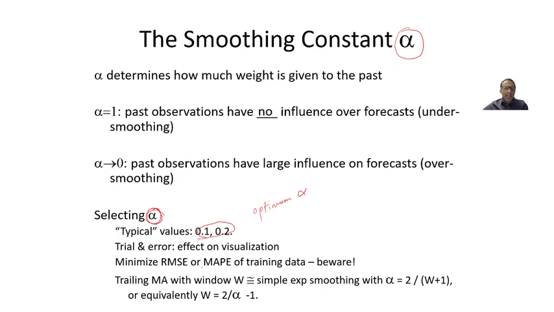So the idea is that we want to minimize the root mean square error. This is the root mean square error. Or the MAPE, which is the mean absolute percentage error.